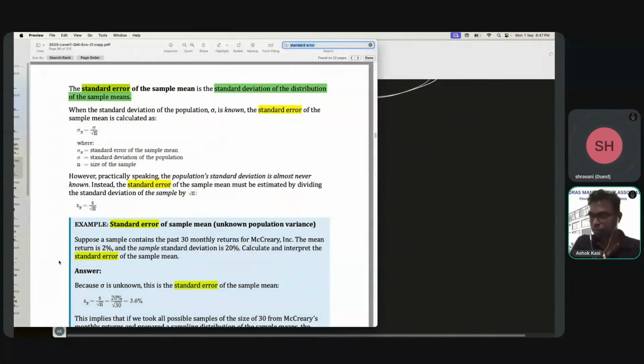The distribution of sample mean is a more appropriate phrase. Generally, you can say standard deviation of the sample means. Understood.